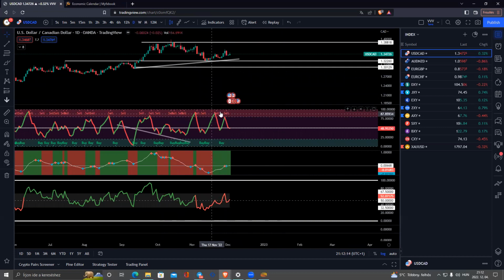There was a divergence on daily basis, which had a pullback as well. Now we see a possible convergence. Depends on the opening price actually, but as you see on the RSI, it's still in red.